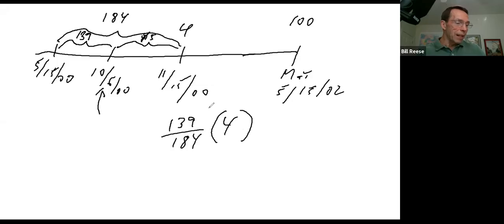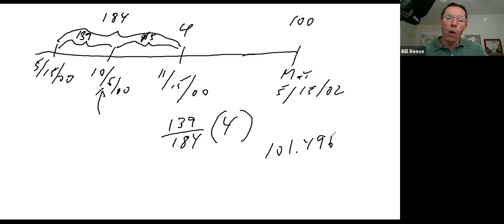So if the bond dealer quotes me a price on the bond, and let's say the price I'm quoted is 101.496, that is what we call the clean price. That's the price of the bond that is quoted to me.